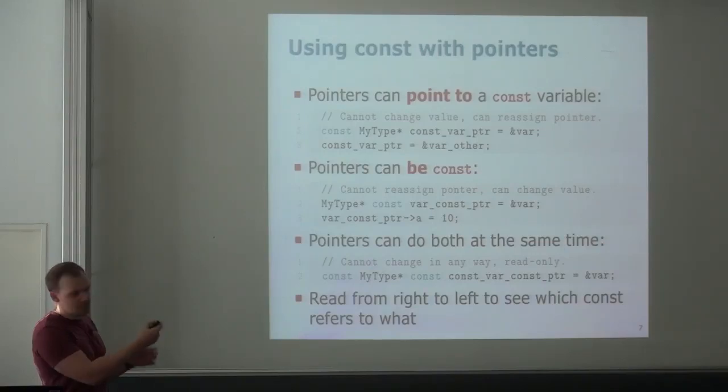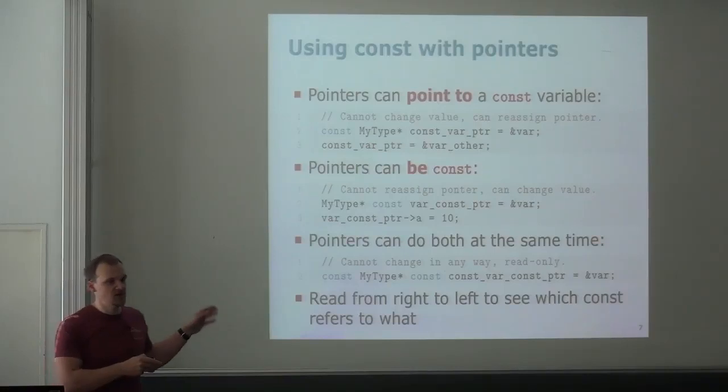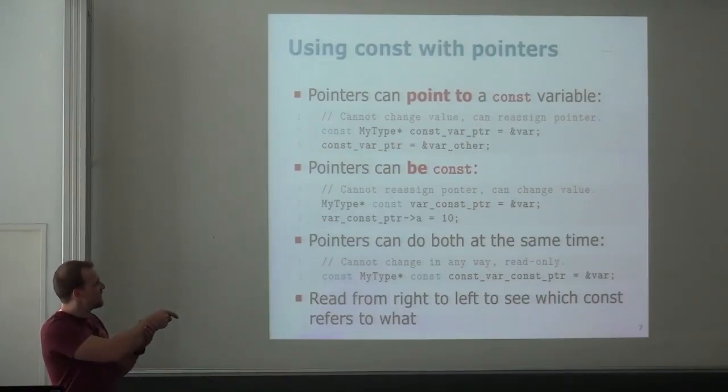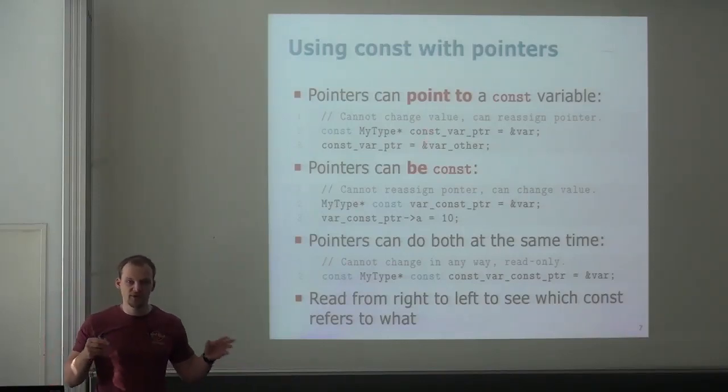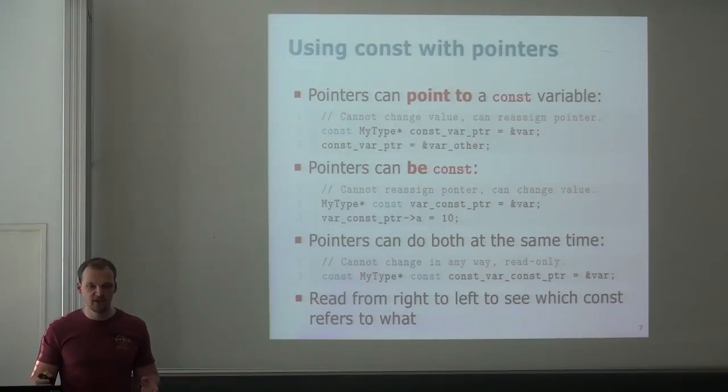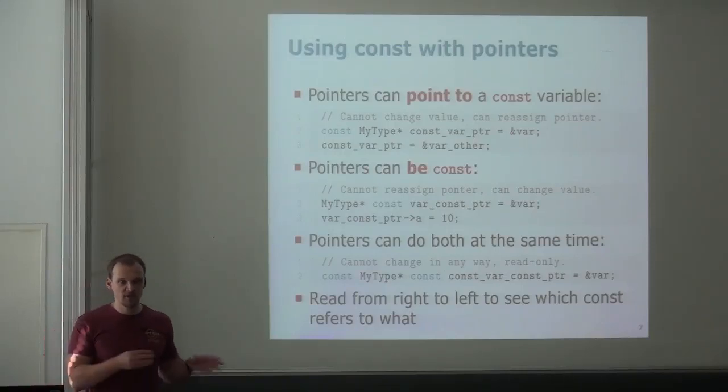Reading from the right, it's a pointer to a const type, right? It means that you can set it to some address, and then you can reset it to some other address. But you cannot change the value under this pointer. So if I would try to call a non-const function of this variable, or I would try to dereference it and set it to something else, that would not work. It would give me an error.